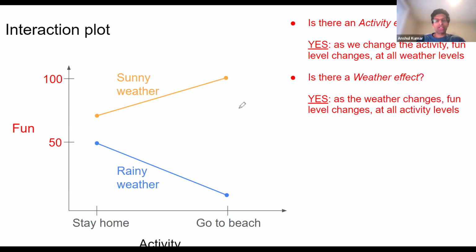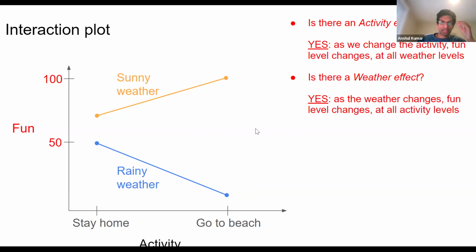So as we change the weather, because now we're talking about the weather effect, so we're looking at it from the new perspective of the weather, as we change the weather just on a beach day, our level of fun goes up from here all the way to here. So there is a not zero weather effect in both activity conditions, stay home and beach. So we'll conclude, yes, there is a weather effect.